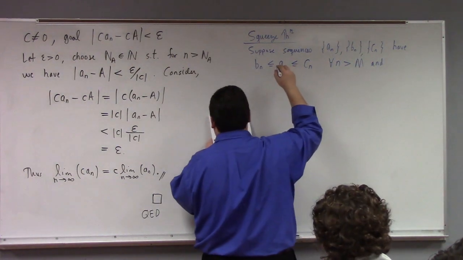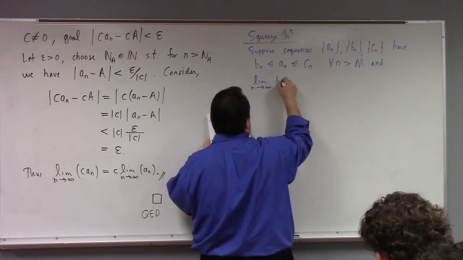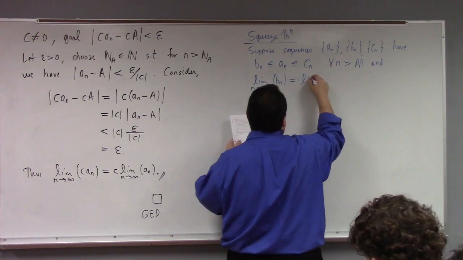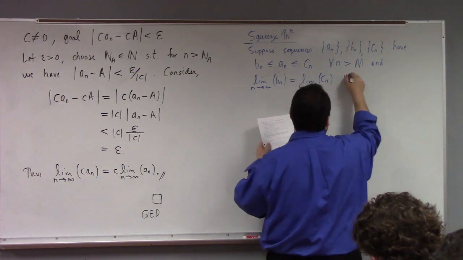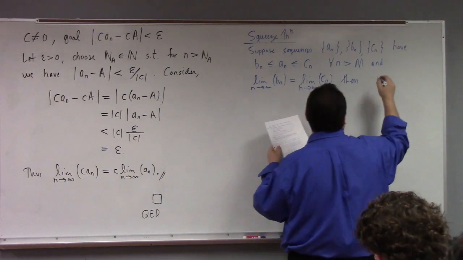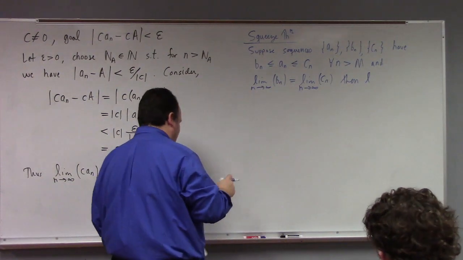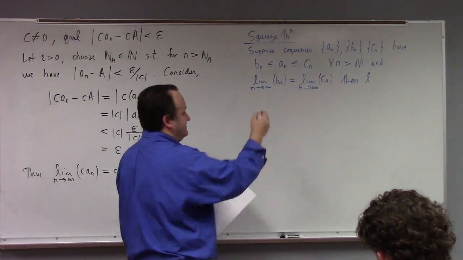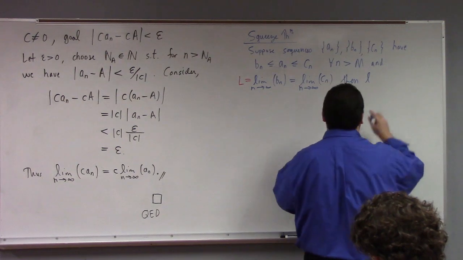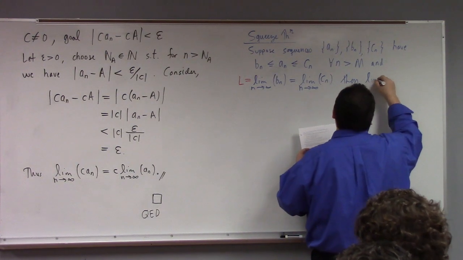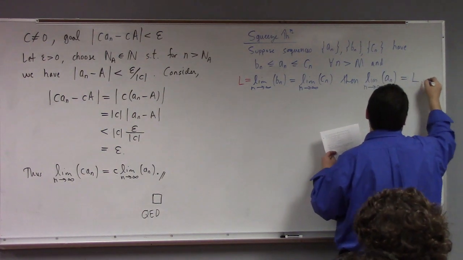And let's also suppose that the limit as n goes to infinity of b sub n is equal to the limit as n goes to infinity of c sub n. Because I'm really tired of writing that, let me just call this thing L. Then the limit of the middle sequence, the one that's sandwiched in between, the limit as n goes to infinity of a sub n, is also equal to L. So this is the squeeze theorem.